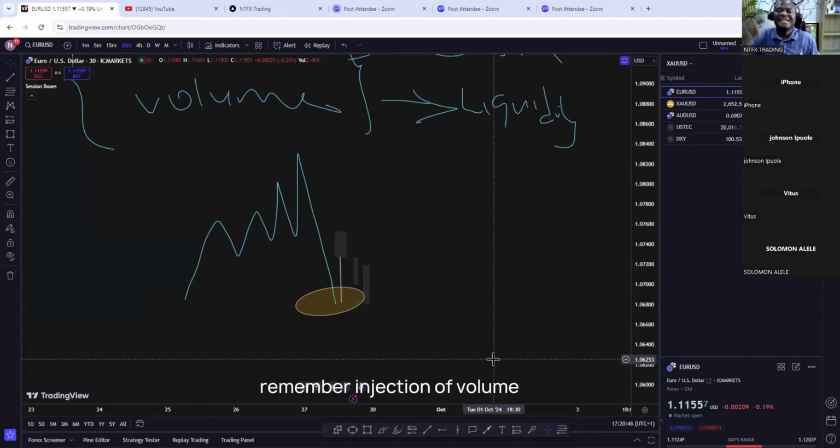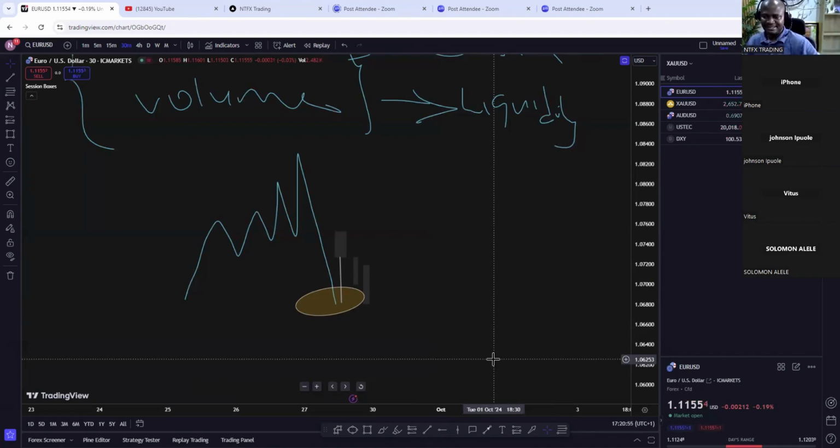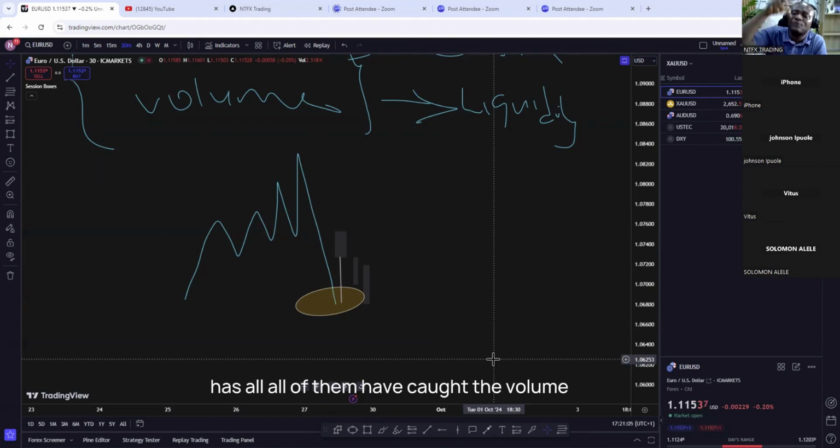Remember, injection of volume is the confirmation of completion of liquidity. If liquidity is complete, you have to show me that every serious and major participant in the market has caught the volume. Then I want to see evidence to prove that they have really caught the volume.